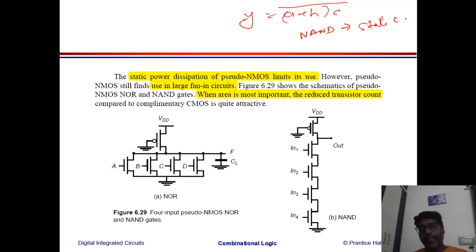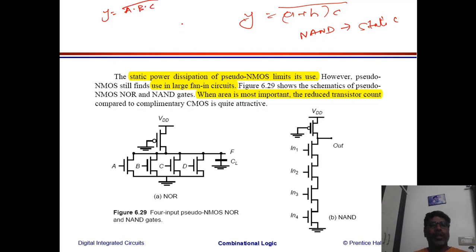The reason behind that is, when you look at the NAND type of version, there your NMOS will be in series. Say suppose y equal to a dot b dot c the whole bar.